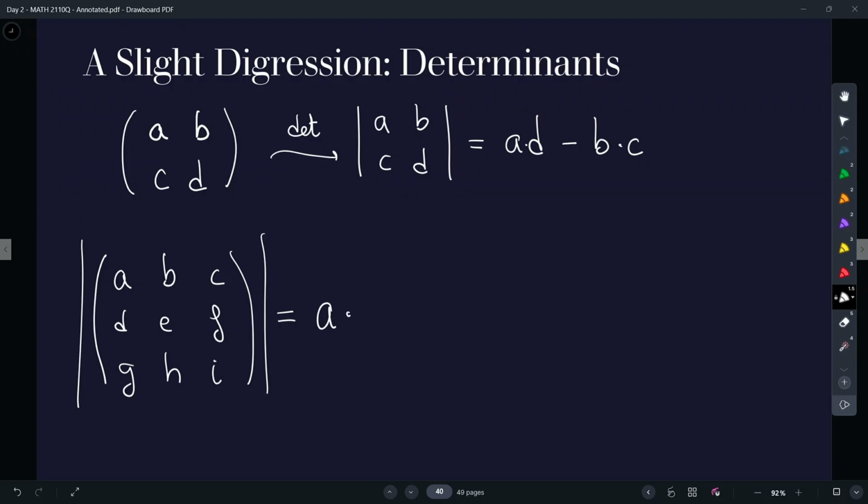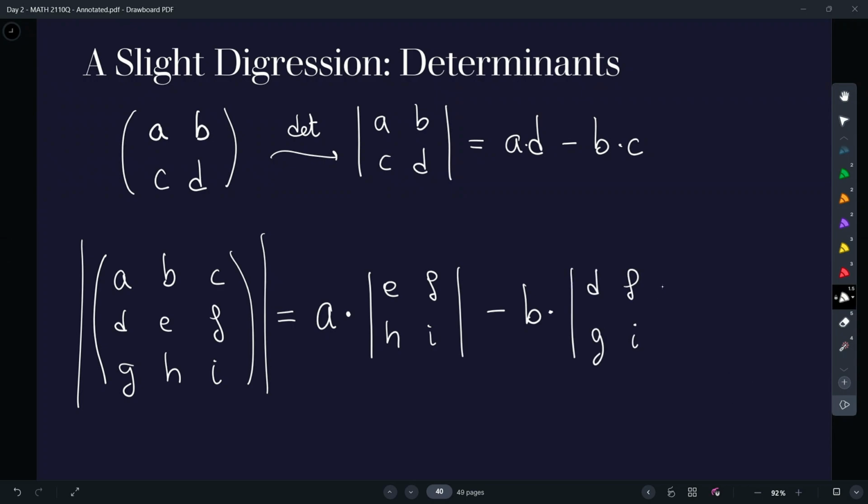So it is A, and then you eliminate that row and column, and that gives you 4 numbers in an array, a matrix, and I take the determinant of that matrix. So this leaves E, F, H, I. Now it is alternating, so now I'm going to do minus B times, and if you eliminate this row and column, I'm left with D, F, G, and I, and I take the determinant of that.